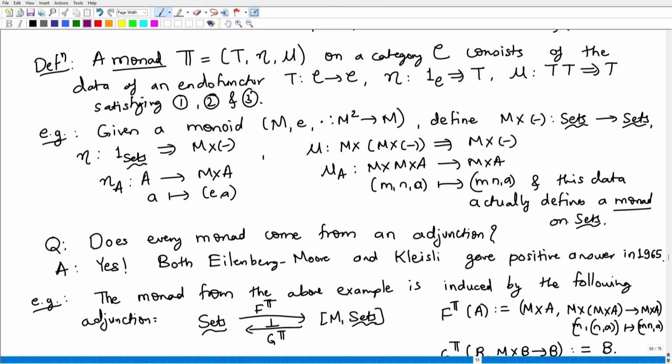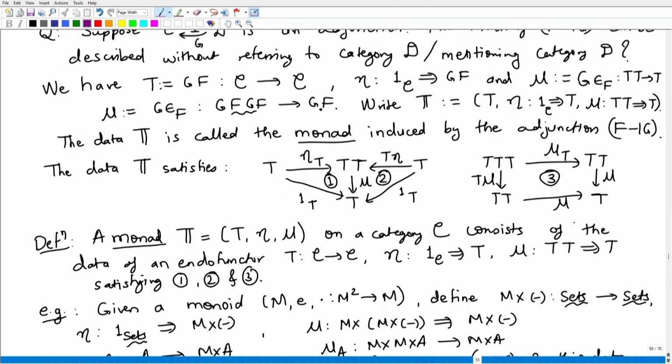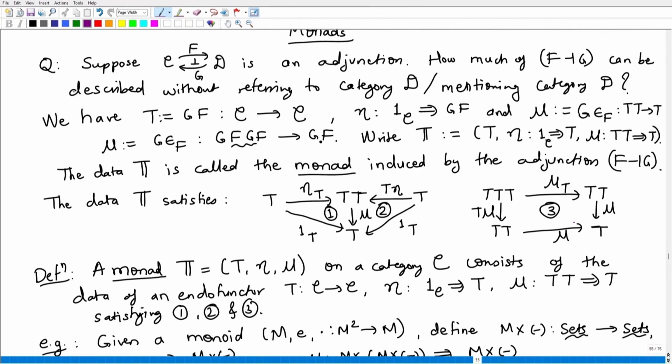I mean, we asked the same question. What was our original question? That this is an adjunction. Without referring to category D, how much of the adjunction can we describe? If we change our question to without referring to category C, how much of our adjunction can we describe, then we'll get epsilon, and simultaneously we'll have a co-multiplication.